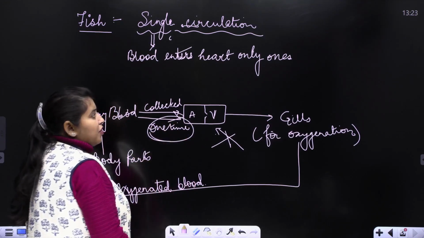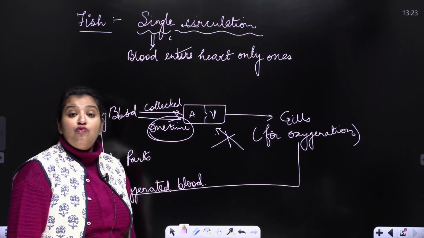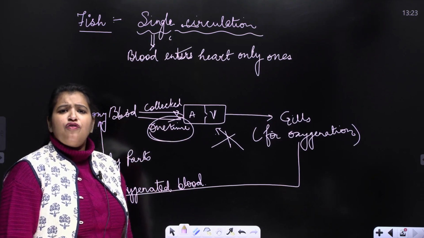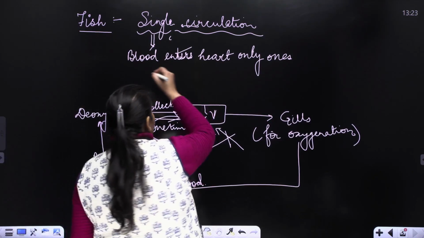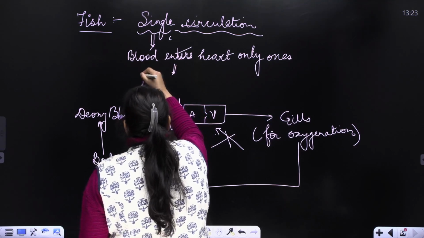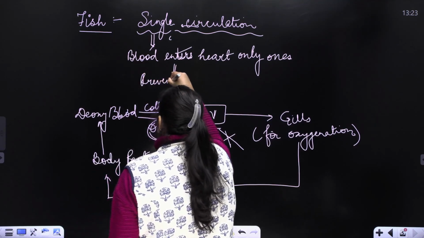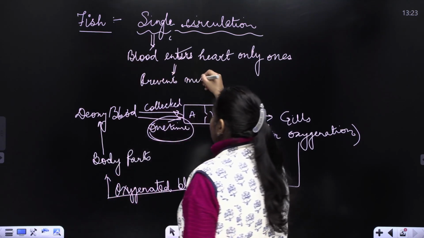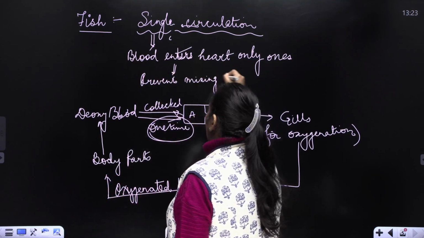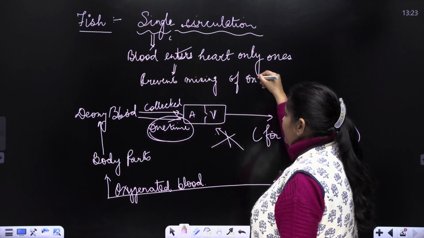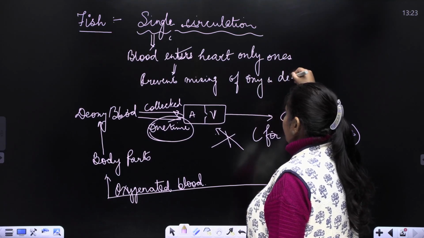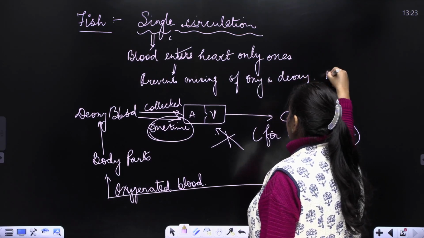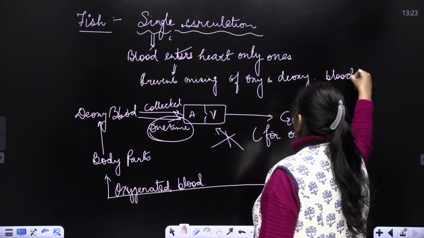This single circulation has a very crucial role in the case of fish. It prevents mixing of oxygenated and deoxygenated blood.